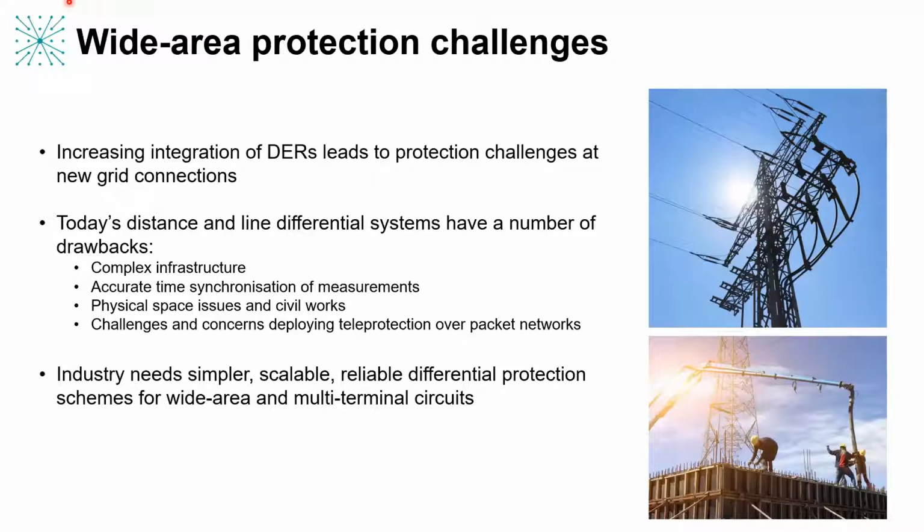So a common fallback to avoid that complexity and that OPEX is to use distance protection, which requires less instrumentation hardware, but can lead to ambiguity about fault location because it's essentially working out an estimate of the distance to that fault. And that can be particularly problematic for multi-zone or multi-terminal applications where you need to know the zone in which that fault is located.